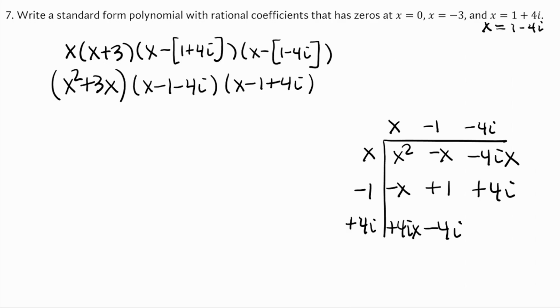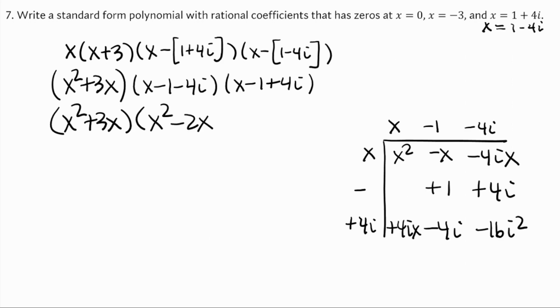Yeah, this is all canceling. And then negative 16i squared. So when I put this all together, I have x squared minus 2x plus 1, plus 1 minus 16 times negative 1, so that would be plus 16, so that's a total of 17.